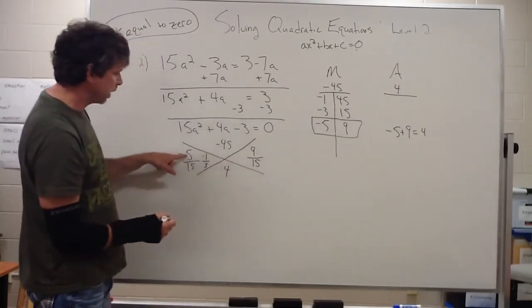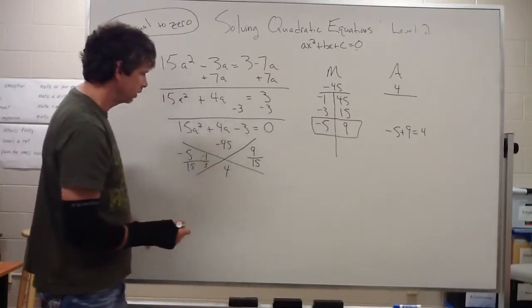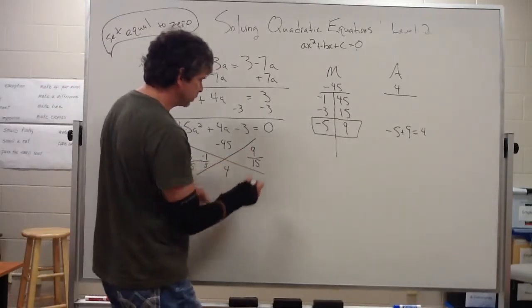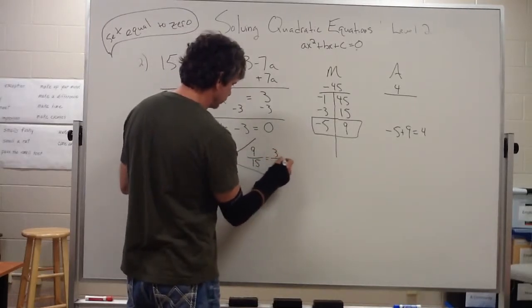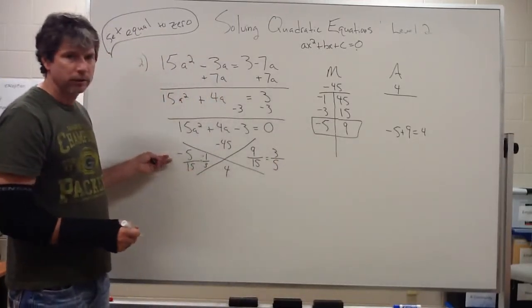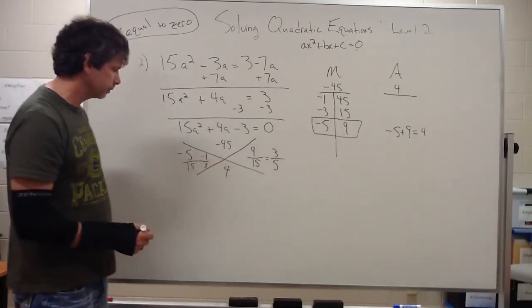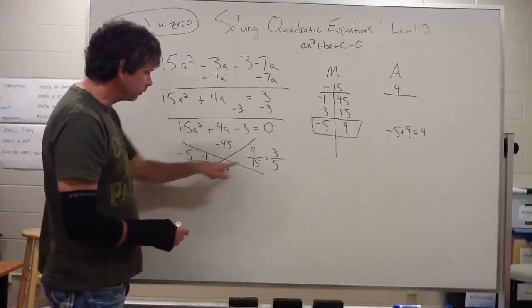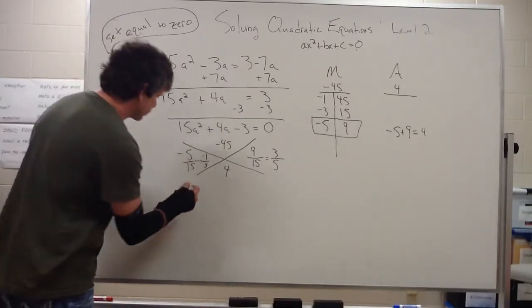I can divide each one of these by 5. Looks like I take a 3 out of each one of these, and I get a 3/5. And keep in mind, if you have a calculator, you could reduce those with a calculator if you like. These little fractions, though, are actually my signals of how to factor it.